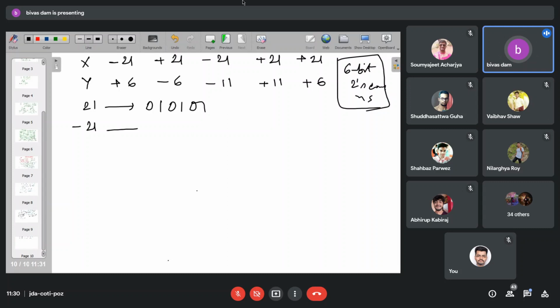Minus 21 2's complement: copy up to the first one, then complement all other bits. 1 0 1 0 1 1.